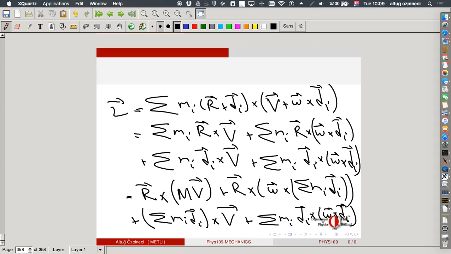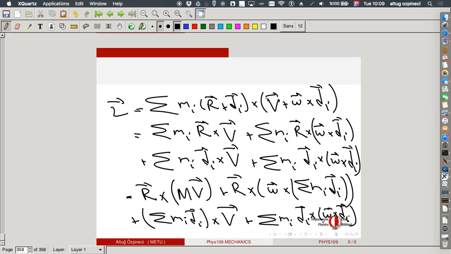This term, well, for the time being, this looks like a momentum. So this is, in a sense, just like the momentum of the rotation axis relative to the origin of my reference frame. This term looks like the momentum of the rotation around the rotation axis.